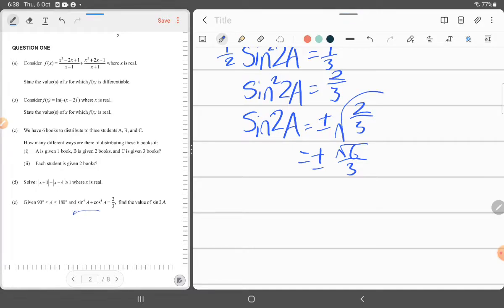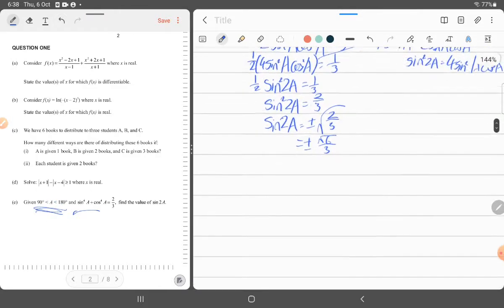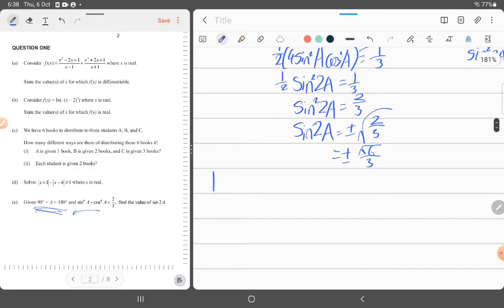But remember, the question said 90 degrees. 90 degrees is less than 180 degrees. So 180 degrees is less than 2a less than 360 degrees.